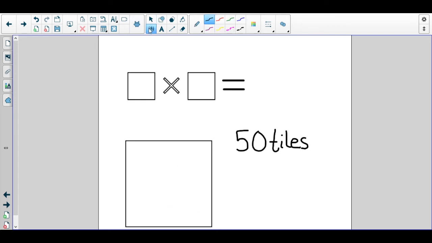So what I need to do is to find out the dimensions of the bathroom that could accommodate 50 tiles. All right, so I need a number that is the same, and these numbers here are the same. So I need a number that is the same multiplied together that's going to get me as close to 50 as possible without going over.